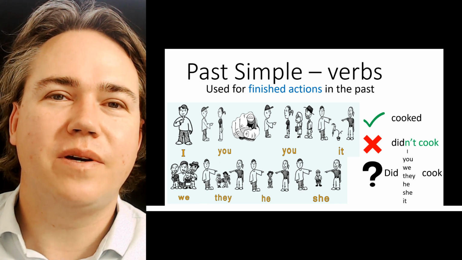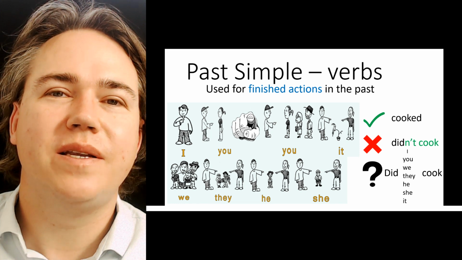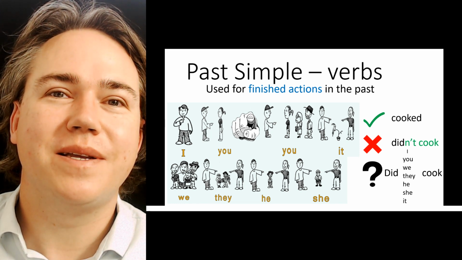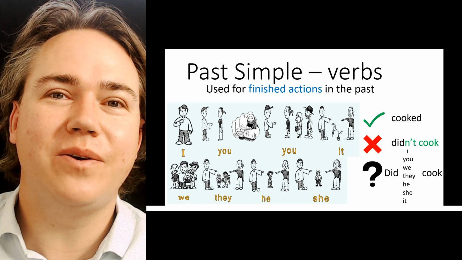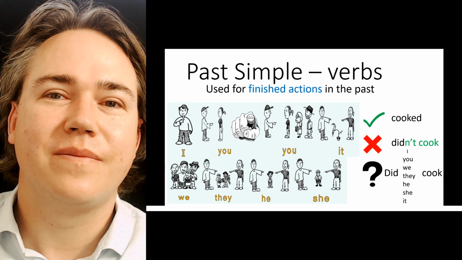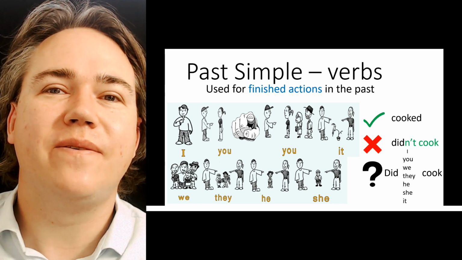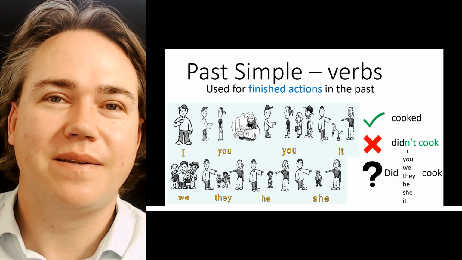Did I cook? Did you cook? Did it cook? Did we cook? Did they cook? Did he cook? Did she cook? So remember, this is for finished actions in the past.